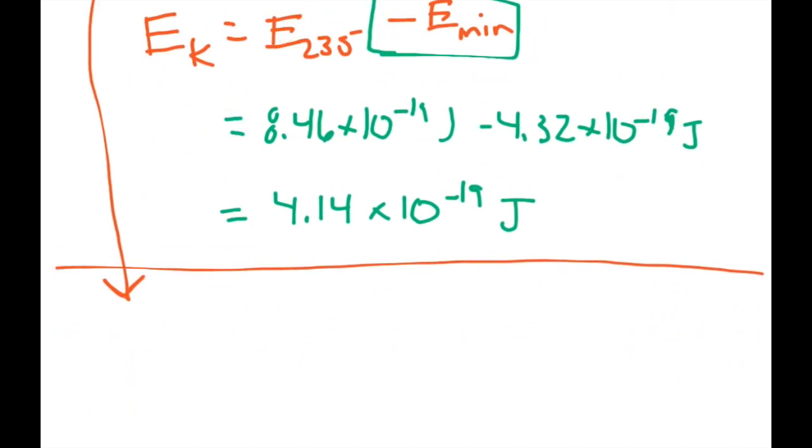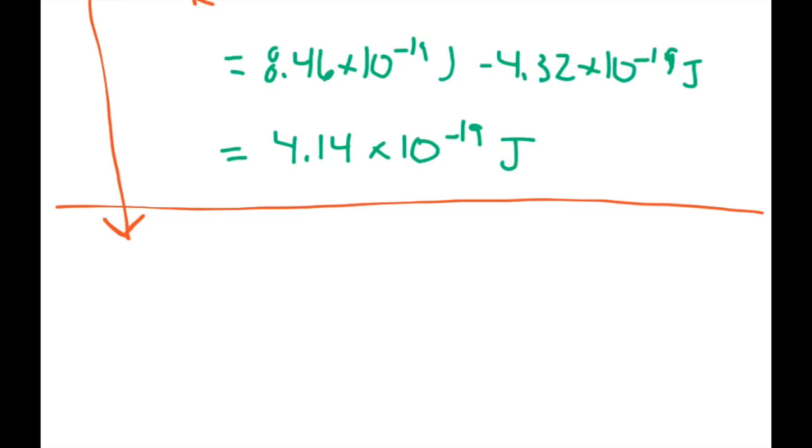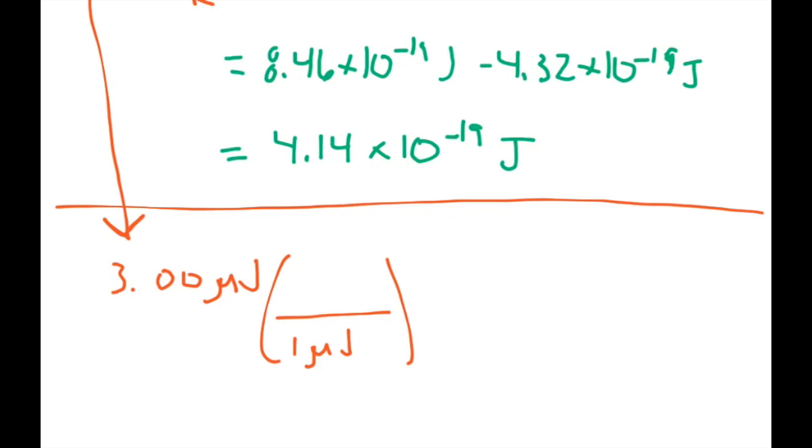Okay, so here's what that looks like. Starting out, we're going to have our 3.00 microjoules. Okay, so first we convert. In 1 microjoule, there is 10 to the negative 6th joules.